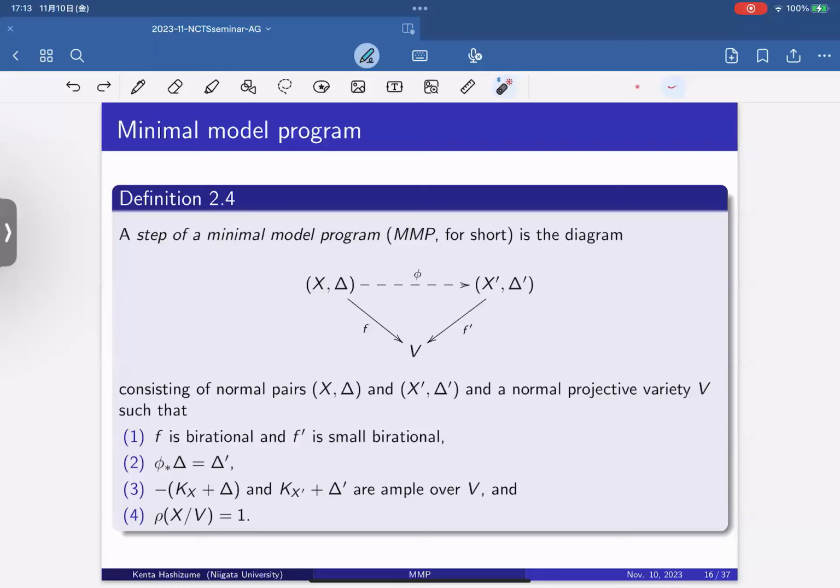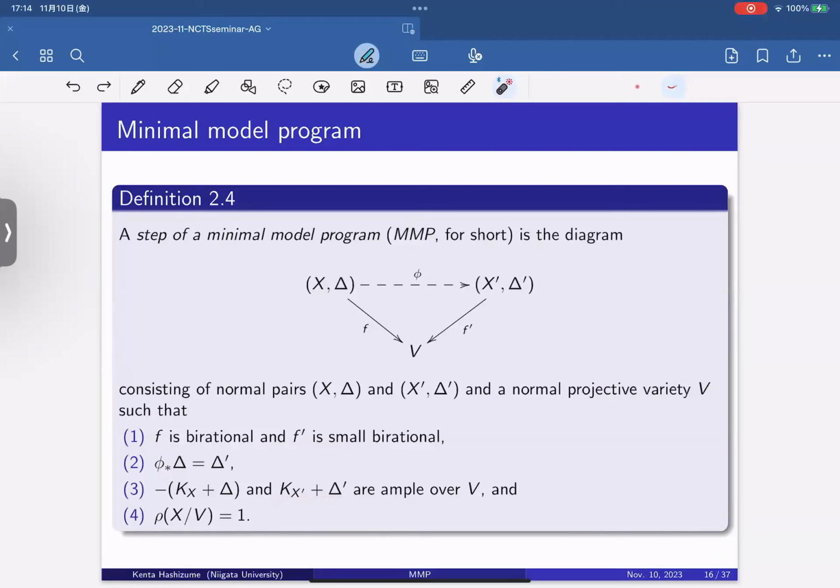And after the contraction, this V may have bad singularities. So by using the partial resolution of singularities, we construct the new pair. Moreover, in the partial resolution of singularities, every extracted curve intersects the log canonical divisor positively.